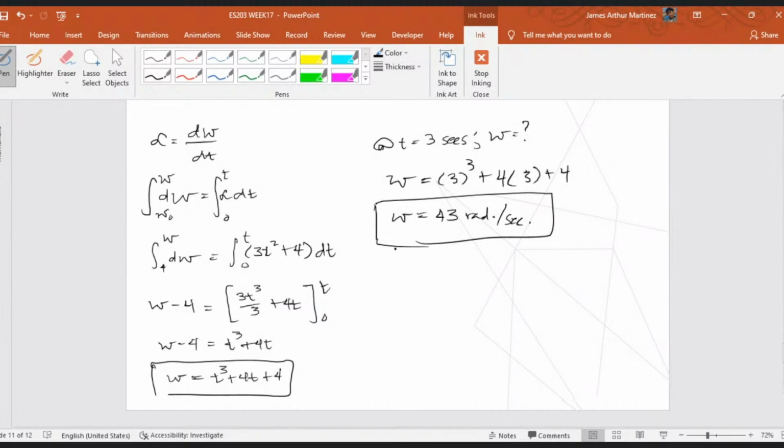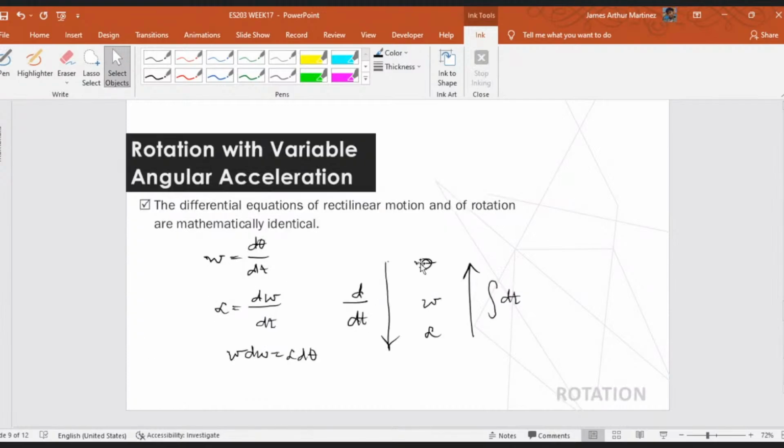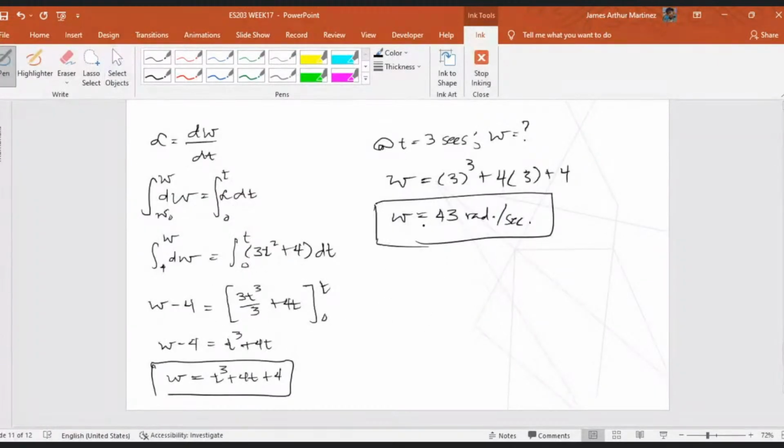To obtain angular displacement, we can use the relationship of omega, so omega equals d theta over dt. So omega is equal to the rate of change of angular displacement with respect to time.